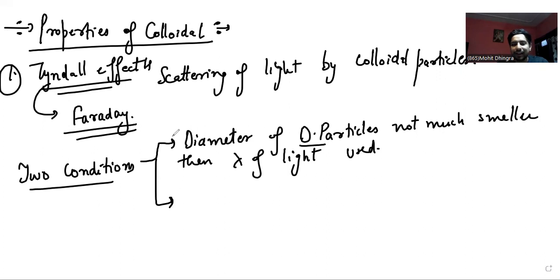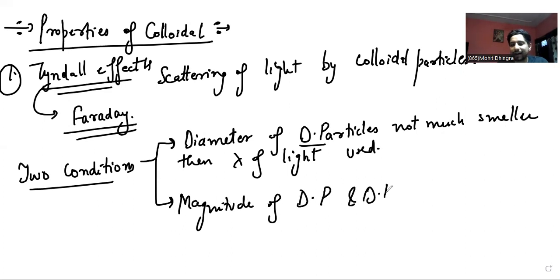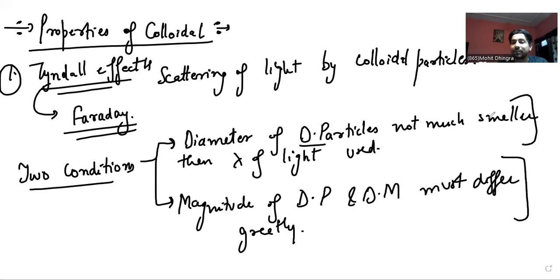Along with that, the second condition is that the refractive index of the dispersed phase and the dispersed medium must differ to a great extent in magnitude. That is, they must differ greatly, their magnitude must be very much different.